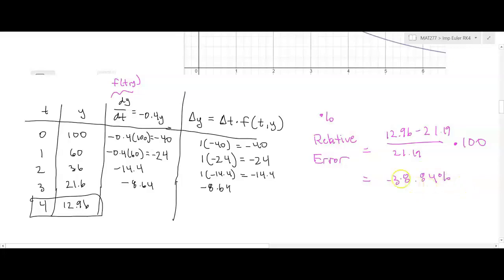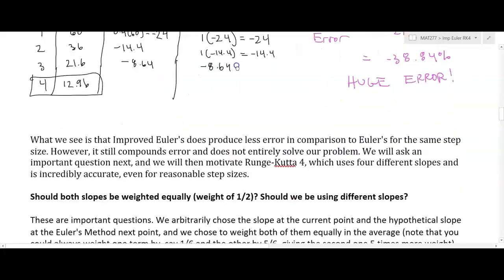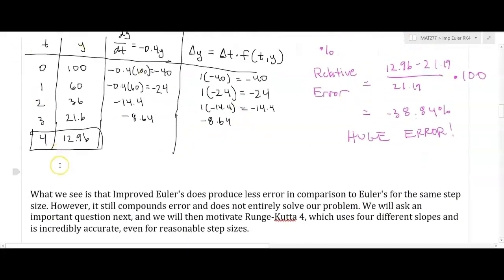Holy mackerel, that's huge. That's a huge error. And as a result, we wouldn't want to use a step size of 1. Now this is fairly common with Euler's method, so nothing unexpected has happened here.